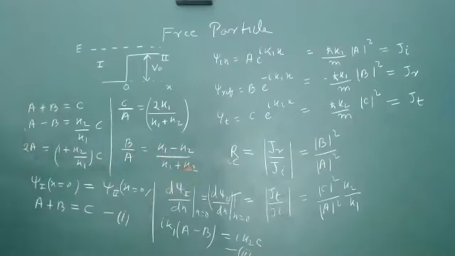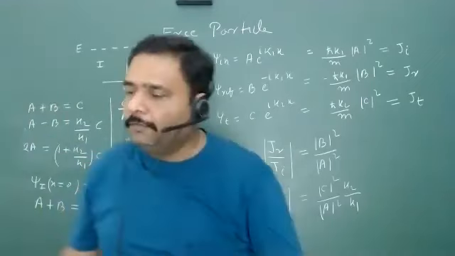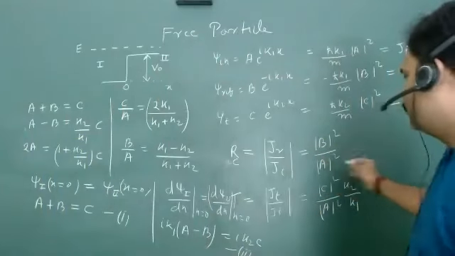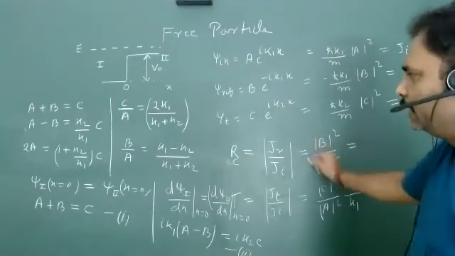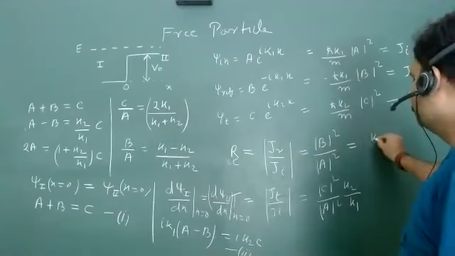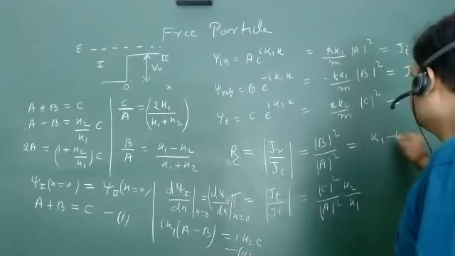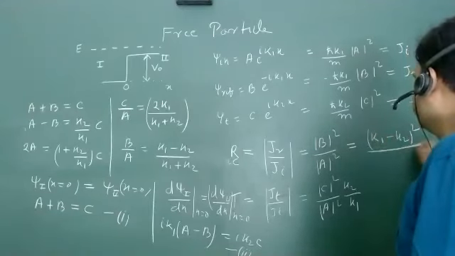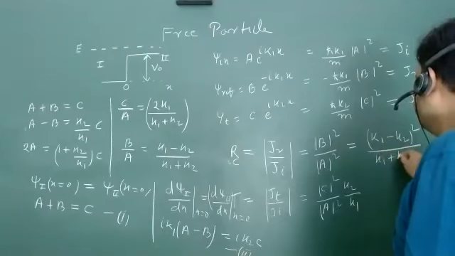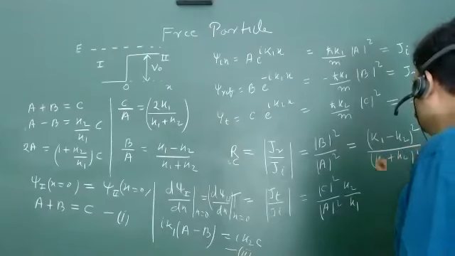This is very simple class 6 or 7 type algebra. You can just do it. I am interested in this part. So this term can be written as k1 minus k2 whole square by k1 plus k2 whole square.